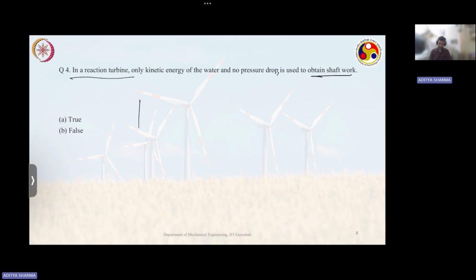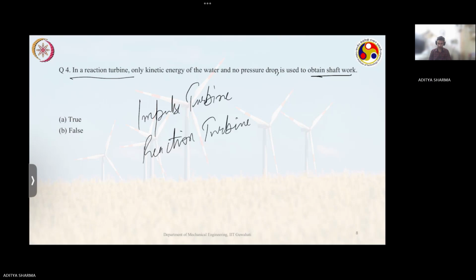So we have two types of turbines based on the way they convert the energy in water to shaft work.